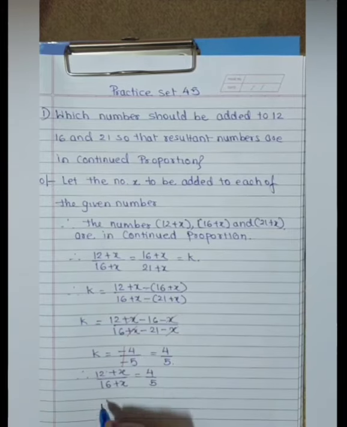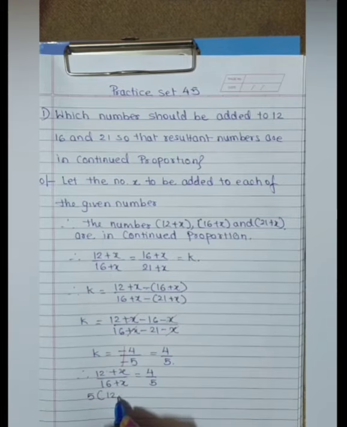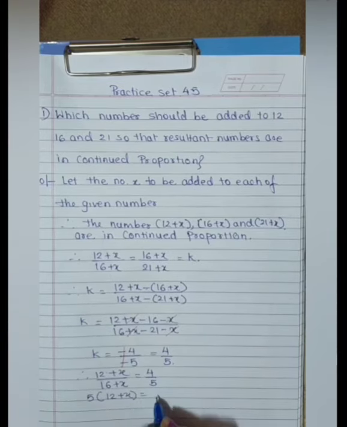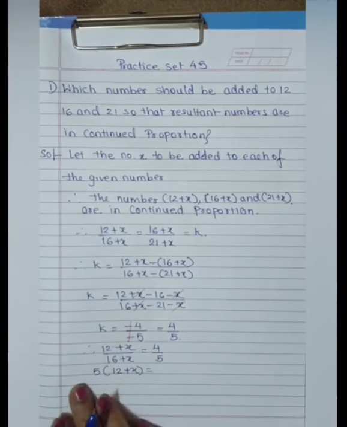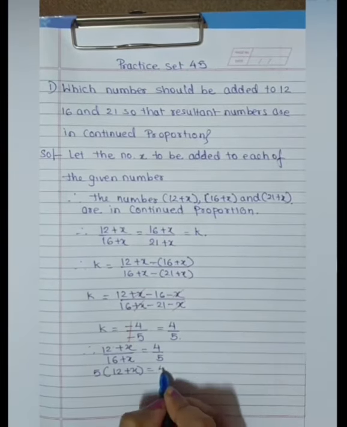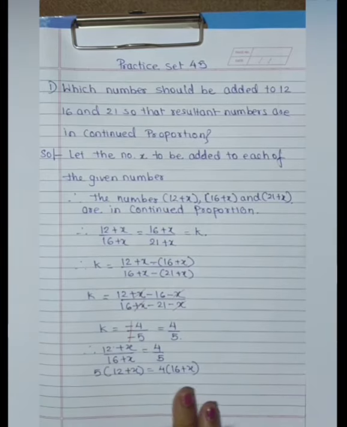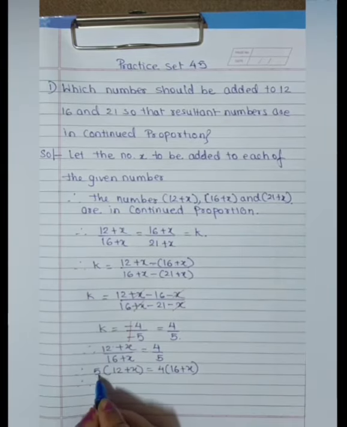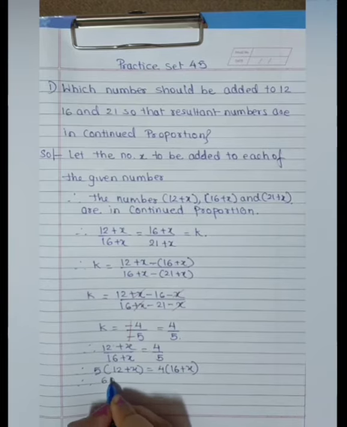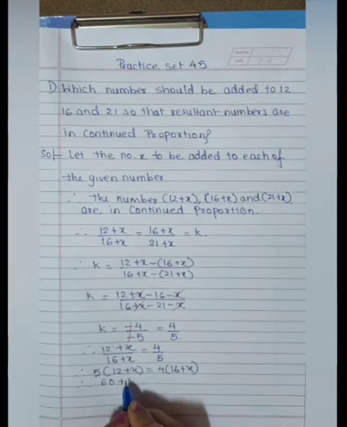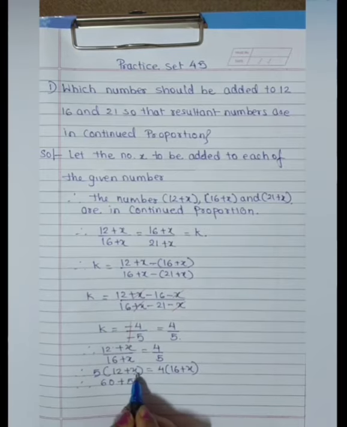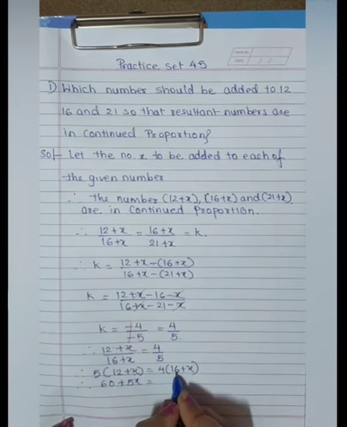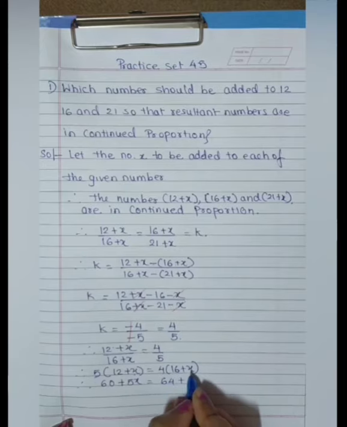Again we cross multiply. This 5 will come here: 5 times 12 plus x is equal to 4 times 16 plus x. Multiplying, we get 60 plus 5x is equal to 64 plus 4x.